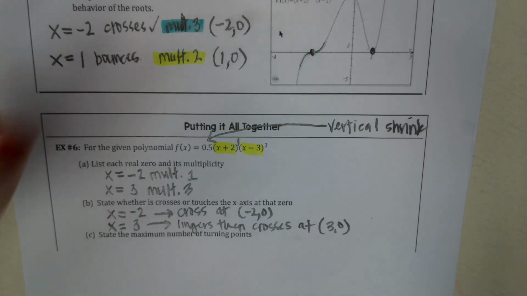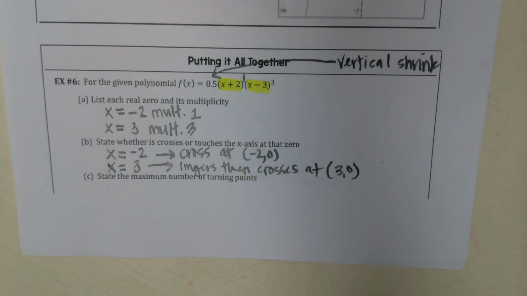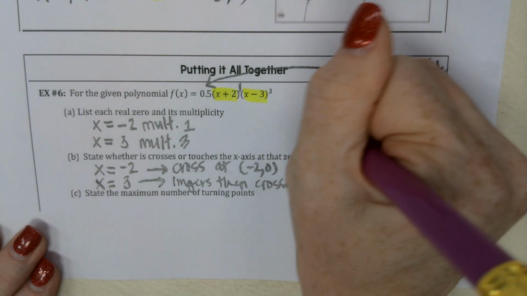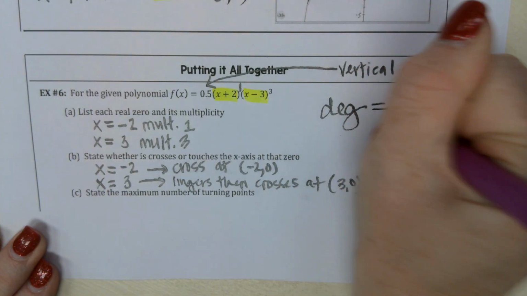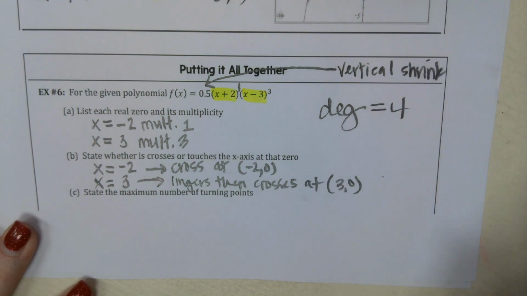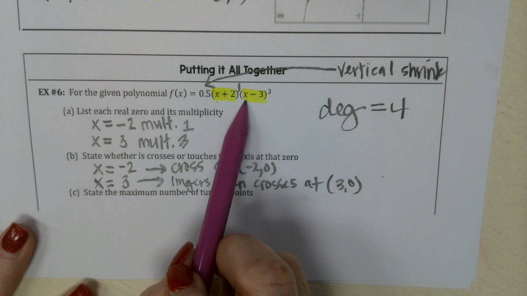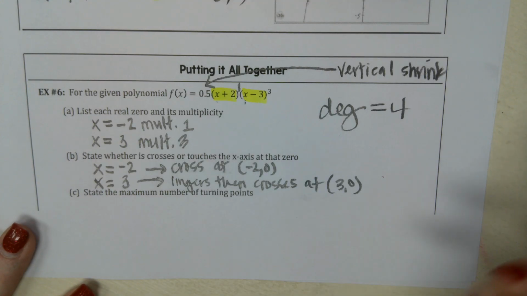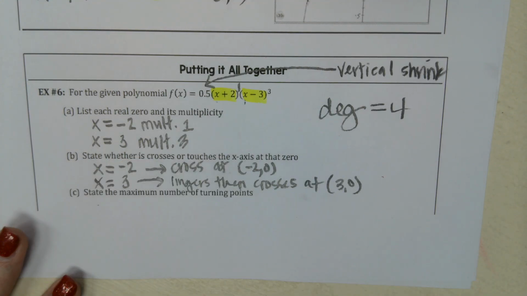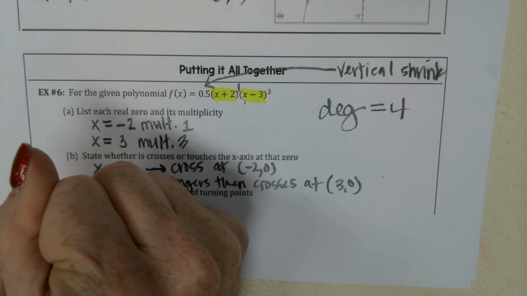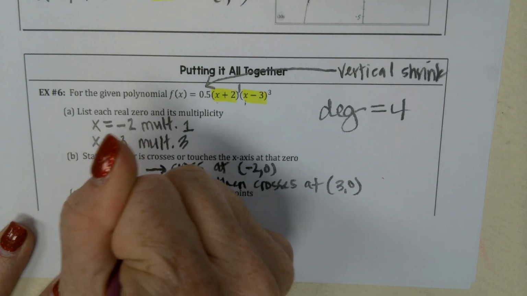I don't see the picture, but we should be able to identify what the degree of this polynomial is. The degree here is going to be what? It's not 3. It's actually going to be 4. Because I have 1, 2, 3, 4 x's. Okay? So the maximum number of turning points is 3 turning points at most.